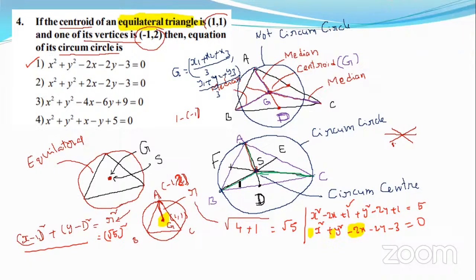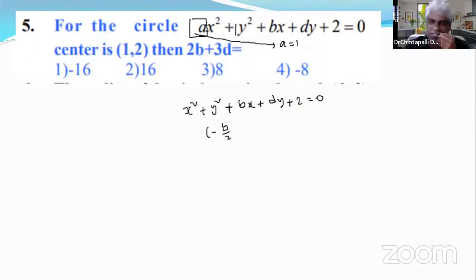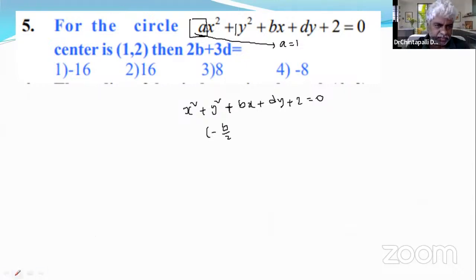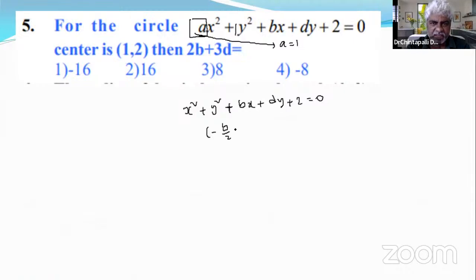Minus 2x is there, so the x coordinate of the center is 1. Minus 2y is there, so the y coordinate of the center is 1, right? Now tell what is its center? Minus b by 2, comma minus d by 2. Very good.